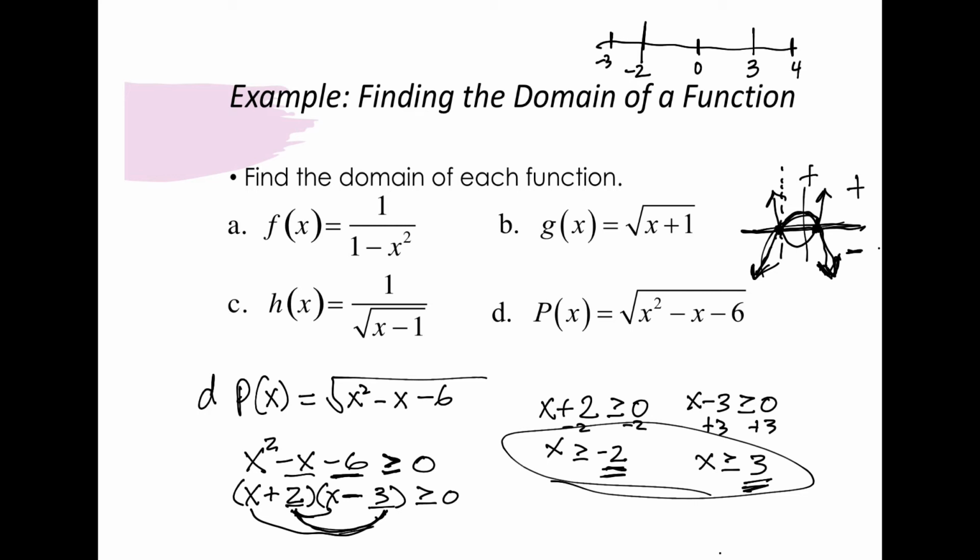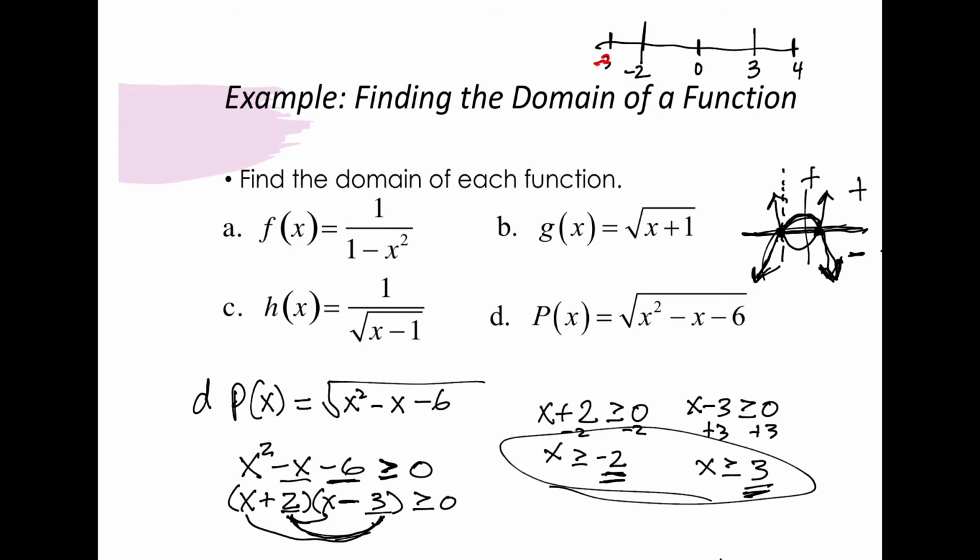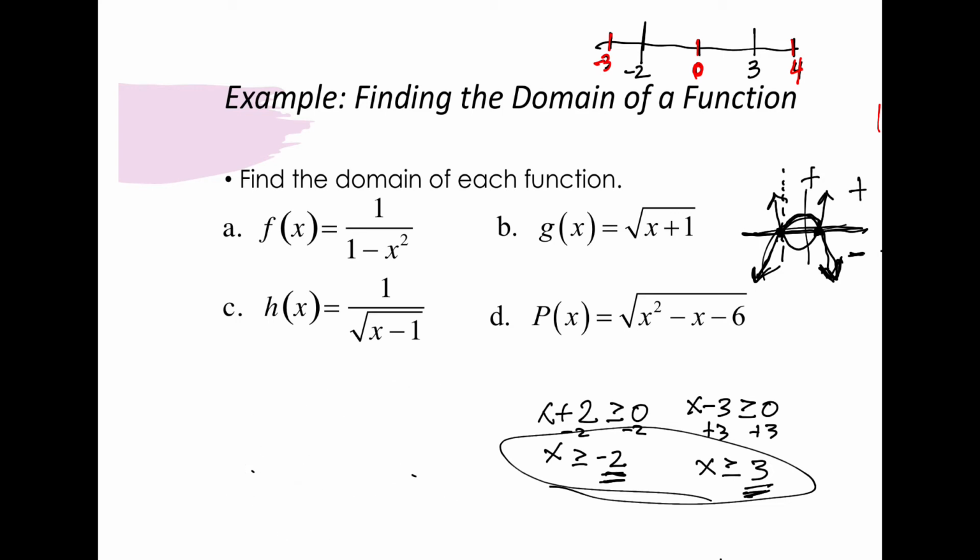I know that -3 is less than -2. I know that 0 is between -2 and 3, and I always like to put 0 if we can, and then 4. We're going to pick 3 numbers and plug them into this function to see what kind of result we get. So let me erase this over here for right now, so we have some room.